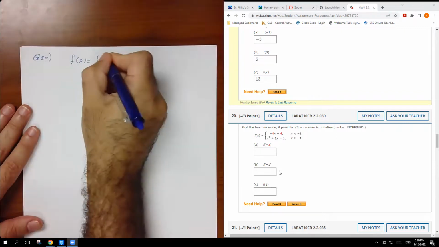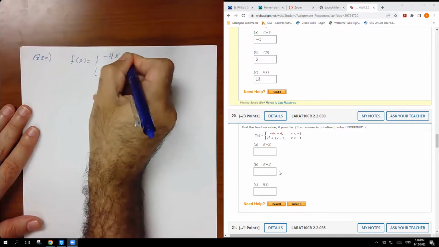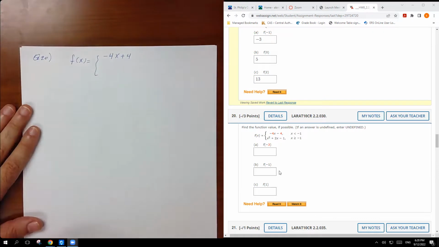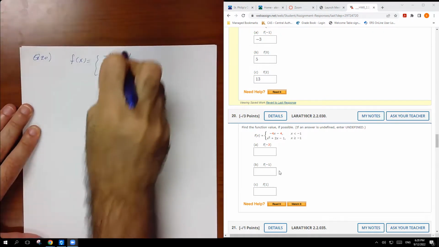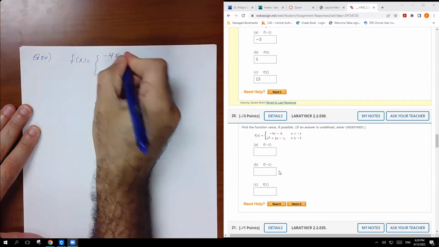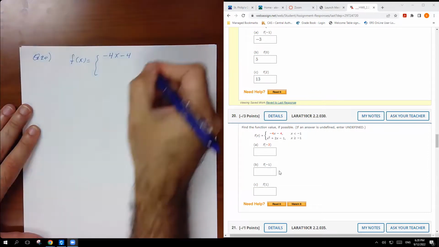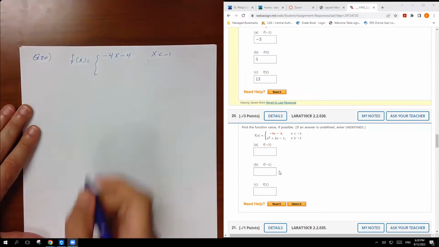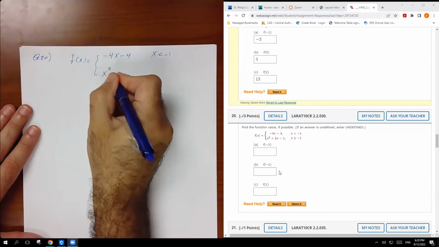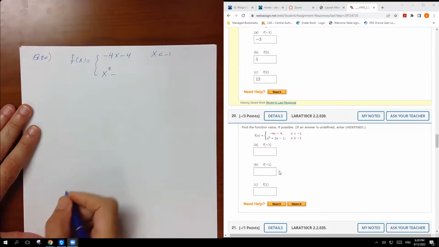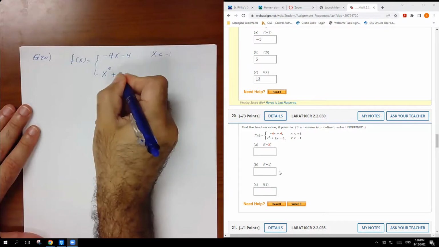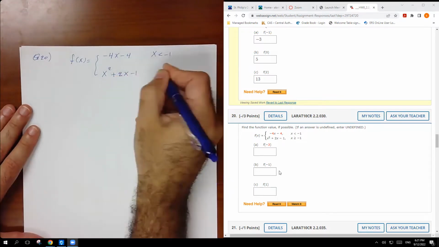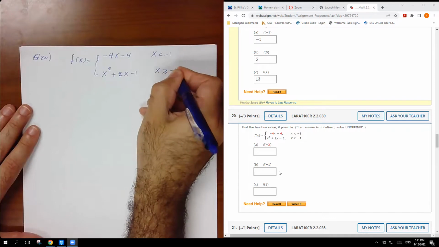The first piece is negative 4x minus 4 when x is less than negative 1. And the second piece is x squared plus 2x minus 1 when x is greater than or equal to negative 1.